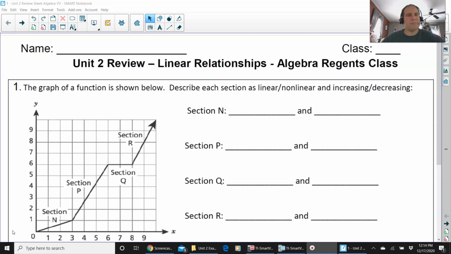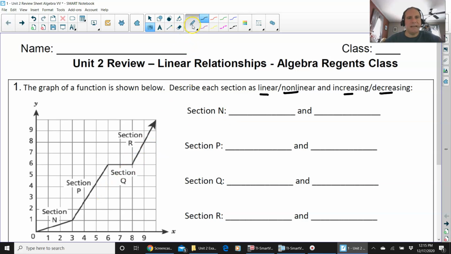Let's start with number 1. Number 1 says the graph of the function is shown below. Describe each section as linear or nonlinear and increasing or decreasing. So in section N, and we're going to just highlight each section as we go, section N is right here.